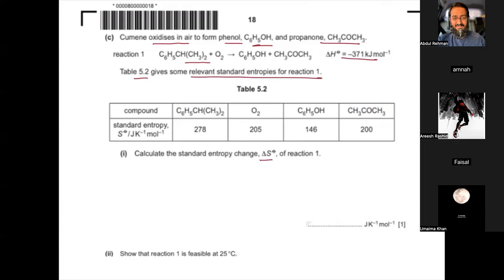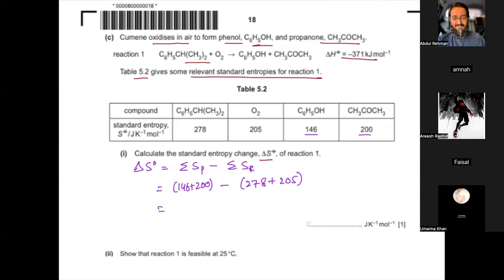So if you recall, the standard entropy change is equal to the sum of entropies of products minus the sum of entropies of reactants, right? And each one has 1 mole, so no need to multiply any entropy. So it is going to be 146 plus 200, these are the products, minus 278 plus 205. So these are the reactants.